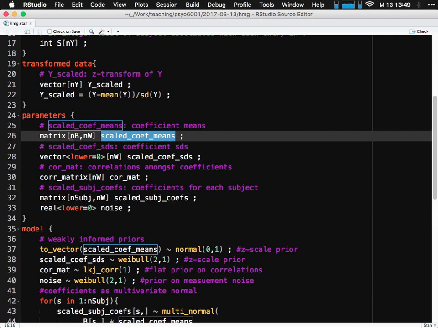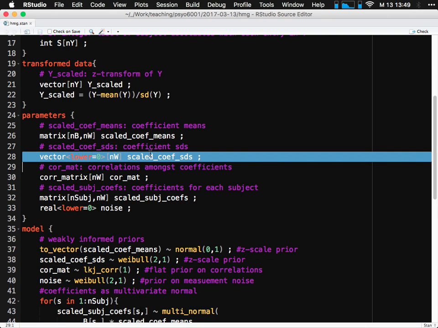So if it's a mixed within and between design, there's going to be as many rows in this coefficient matrix as there are between subjects effects, and as many columns as there are within subjects effects. The first row of this matrix is going to correspond to the main effects of the within subjects effects, and then subsequent rows will correspond to interactions with the within subjects effects. These get all renamed afterwards.